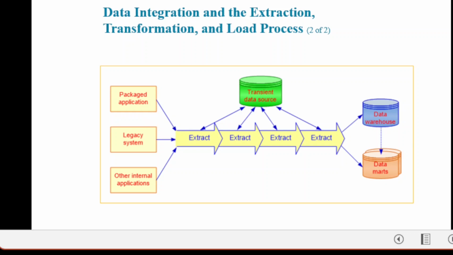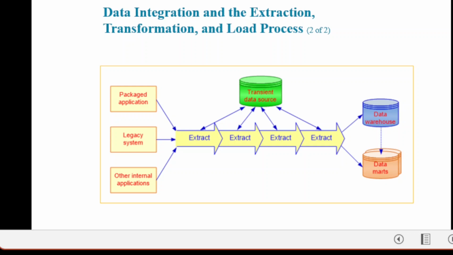So ETL has been there for quite some time, instrumental in the process and use of data warehouses. The ETL process is an integral component of any data-centric project. It consists of extraction: we extract data, reading data from one or more databases.